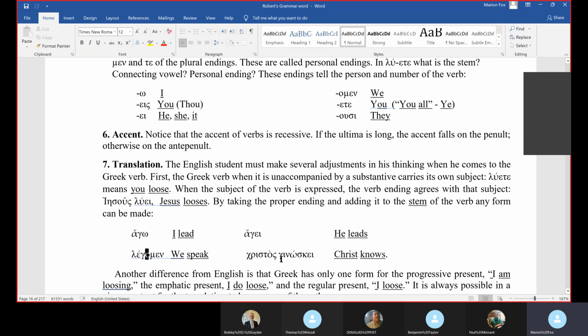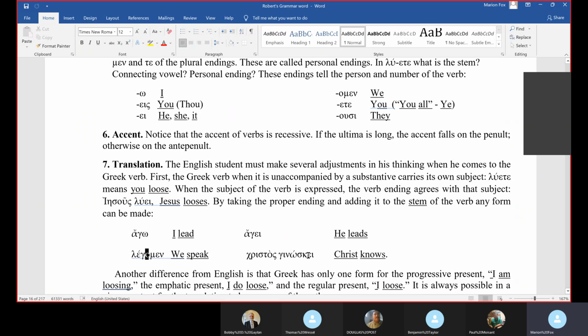All right, the next one, Christos, Genoske. Notice we have Christos, two syllables. Genoske, three syllables. So right here, Christos, Christ, the anointed one, he knows.